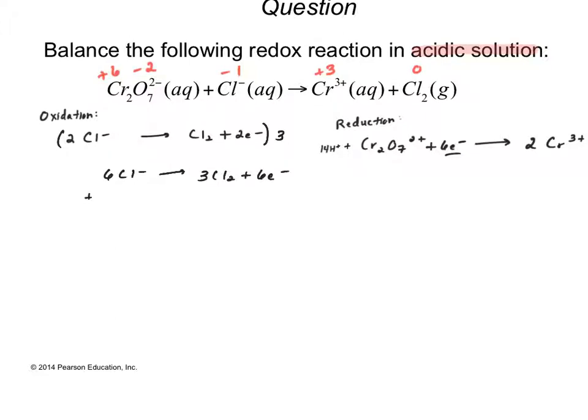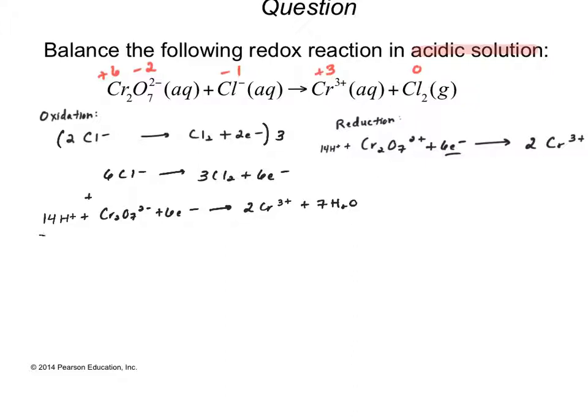I'm now going to add to that my reduction half reaction. We have 14 H plus, Cr2O7 2- plus 6 electrons goes to make 2 Cr3 plus 7 H2O. What cancels here?